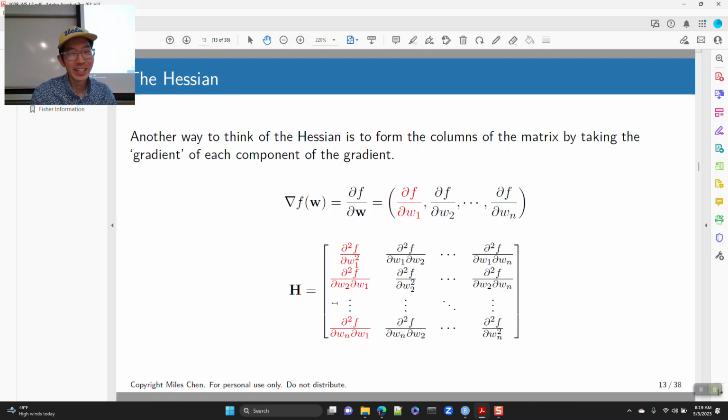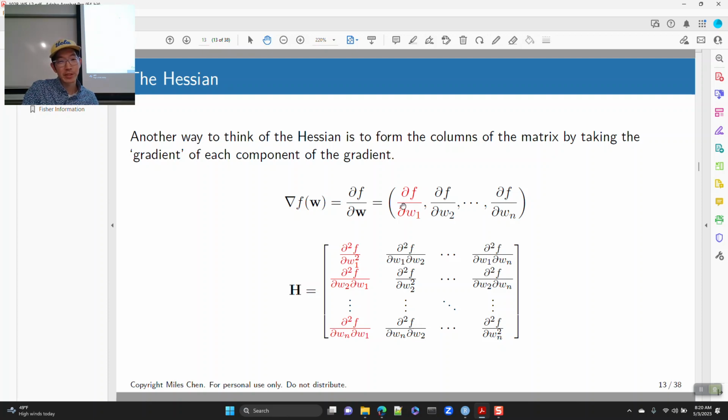One way to think of this is: our gradient is this vector of partial derivatives, and you can think of the Hessian as each column being the gradient of each term in your gradient.